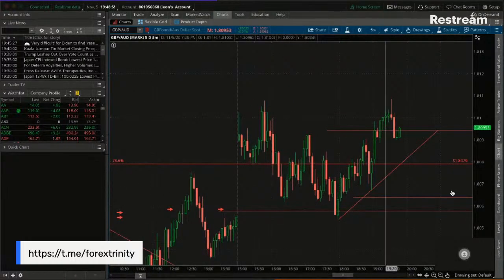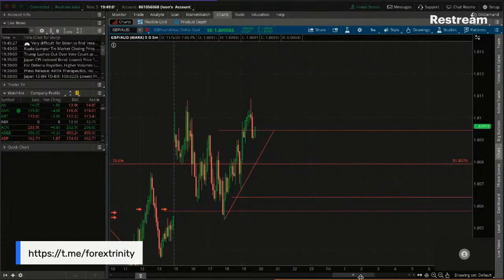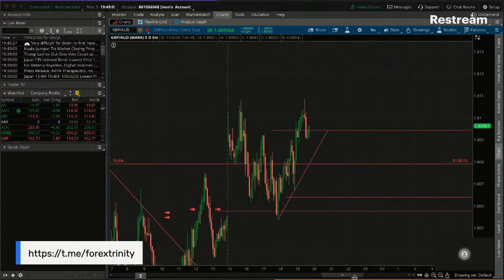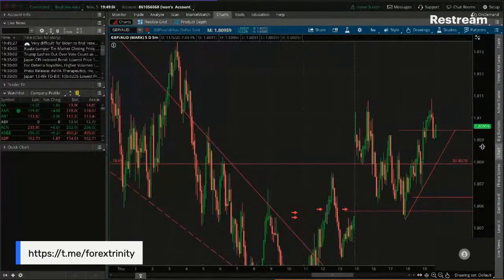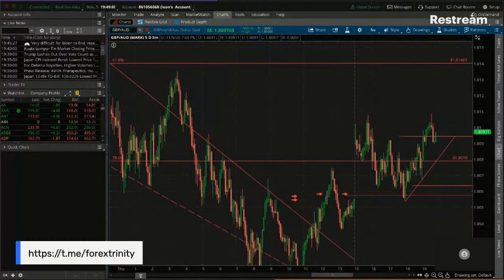Let's see. Where's the other candle? Oh, there we go. Let's see where this is going.